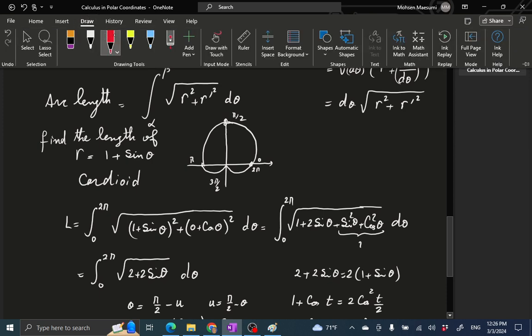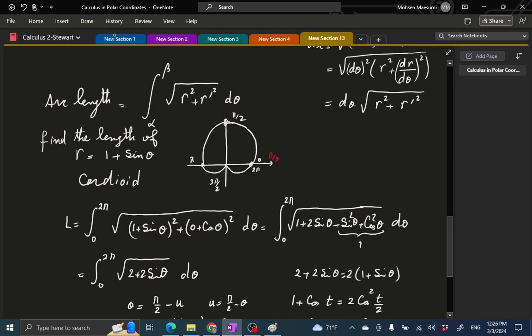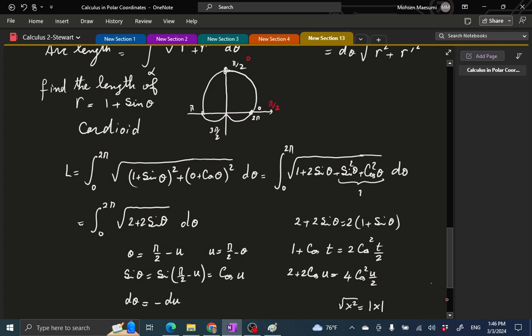It starts at pi half here, by the time I arrive here it is 0, and continuing, u being pi over 2 minus theta, at this point is going to become minus pi over 2. At this point, 3 pi over 2 is to be subtracted from pi over 2, so it becomes minus pi. At this point, pi over 2 minus 2 pi becomes minus 3 pi over 2.